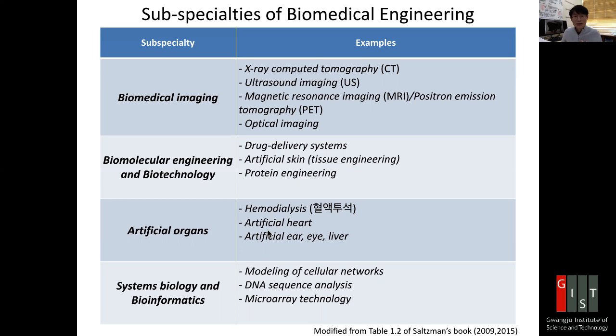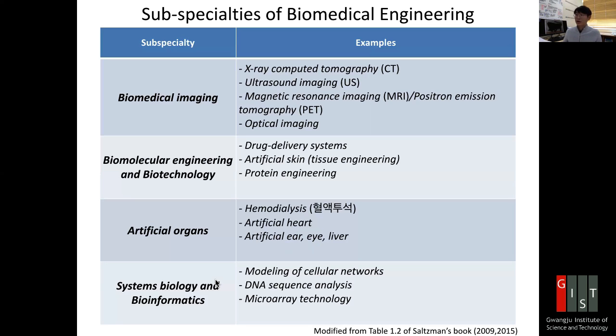And those who have a problem in heart function may need an artificial heart. Although I should say, we still do not have a whole functioning, lasting artificial heart yet. And artificial ear, eye, liver. All these are very challenging problems in terms of engineering, and they still await the ingenuity of biomedical engineers.